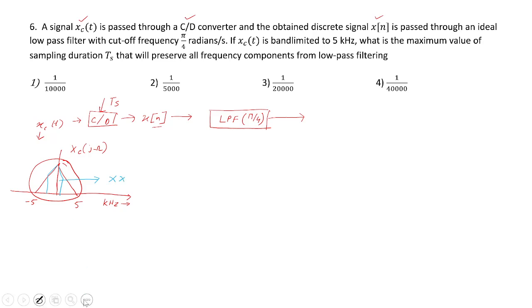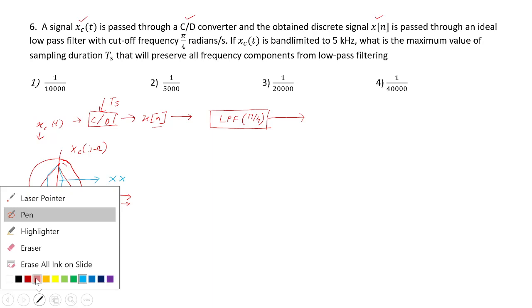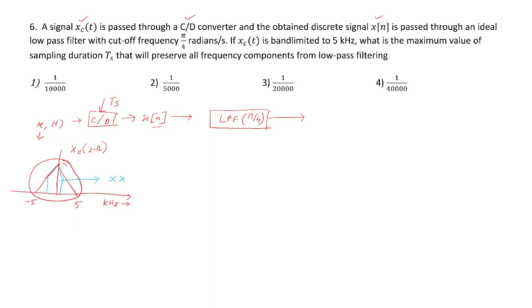We want this entire spectrum unchanged. We want this complete spectrum. So at what rate, or at what frequency, or what should be my sampling duration, so that the resultant discrete signal, when passed through this low pass filter with cutoff frequency pi over 4, will preserve all frequency components?